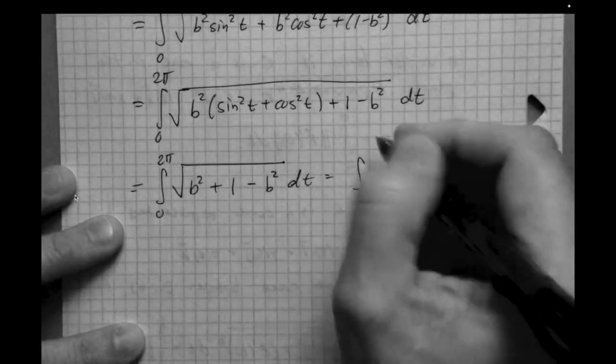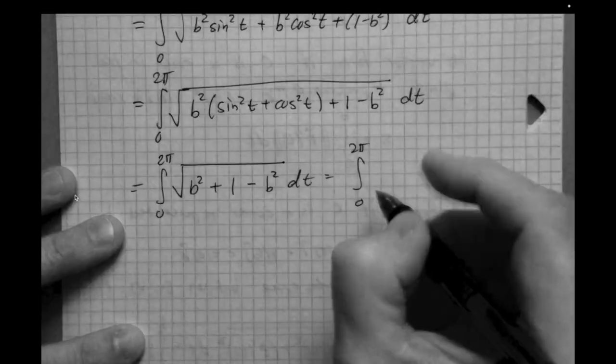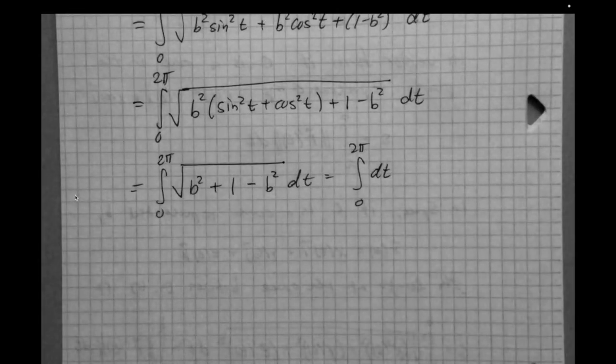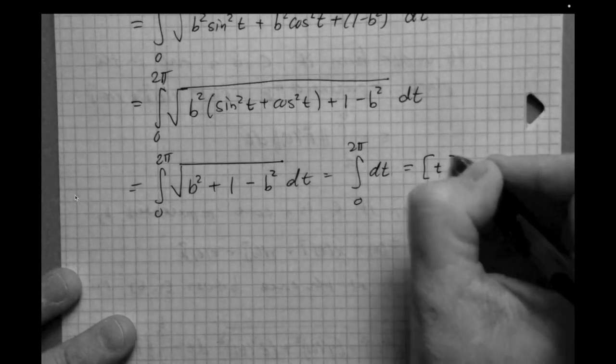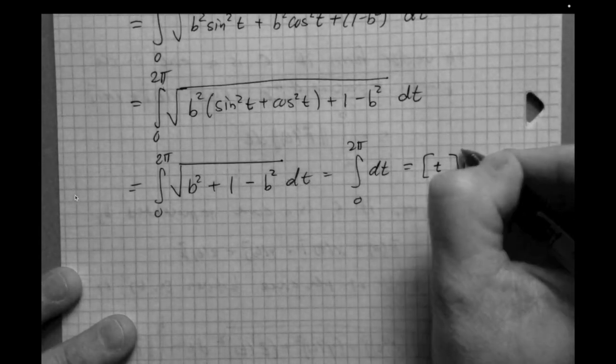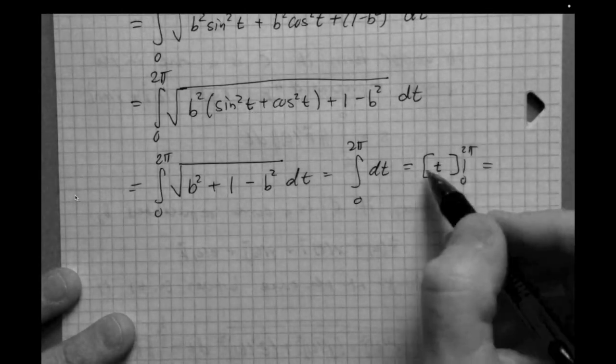So this is just the integral from 0 up to 2 pi of just 1, right? So it's just the integral dt. We can do that easily, and that is just t, and the bounds are 0 up to 2 pi. So we can plug that in, and you would get 2 pi minus 0.